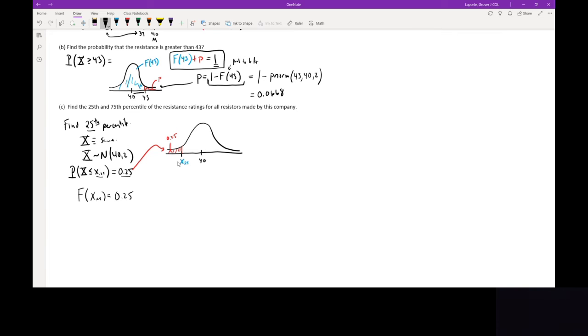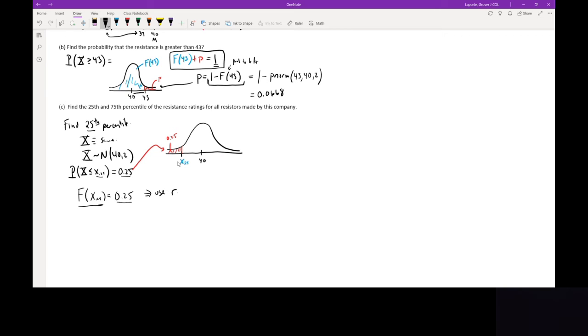If we knew what the CDF was, we would put the CDF on this side and the 0.25 over here, and we would solve for the x value that gave us that number. In this case, again, we don't have a closed form solution for the normal distribution, so we're going to use R.